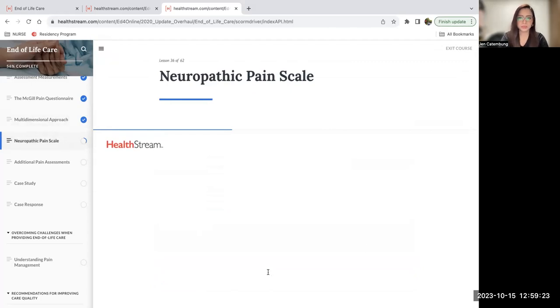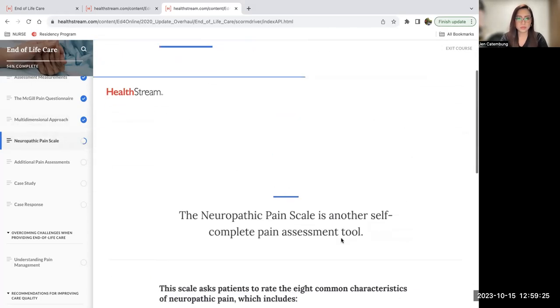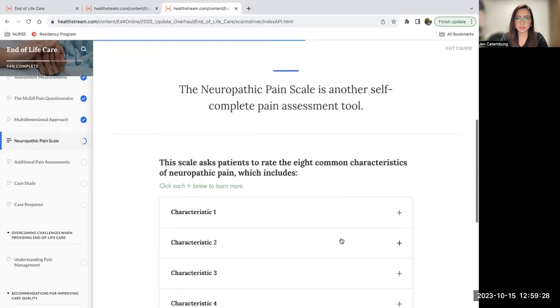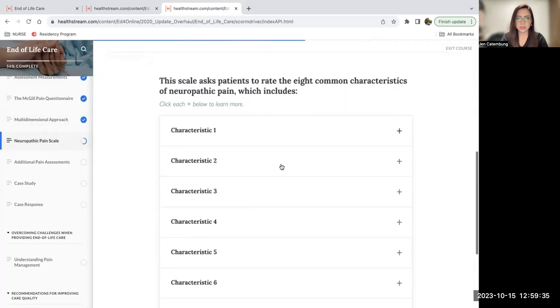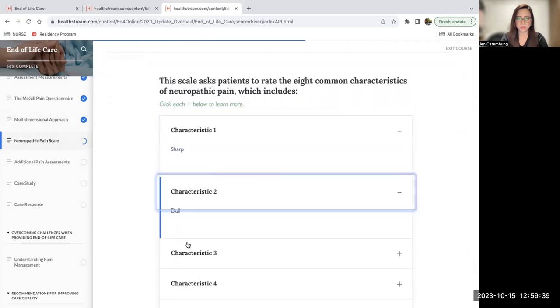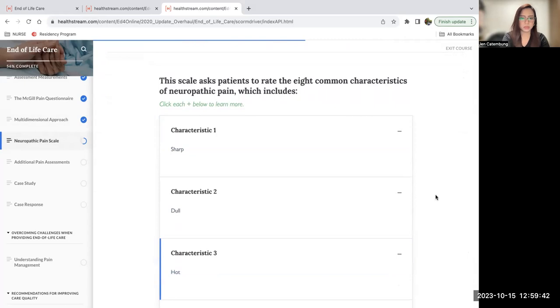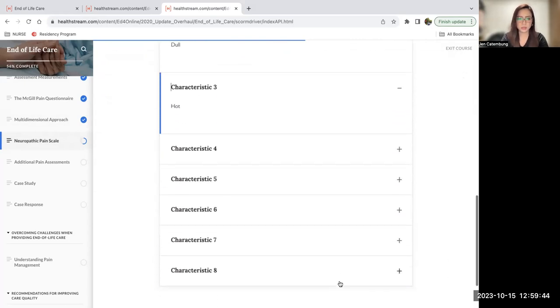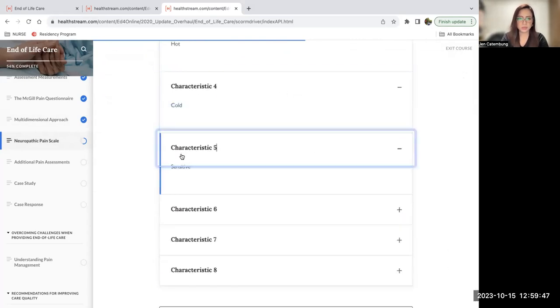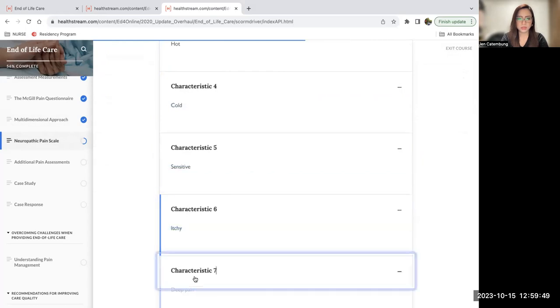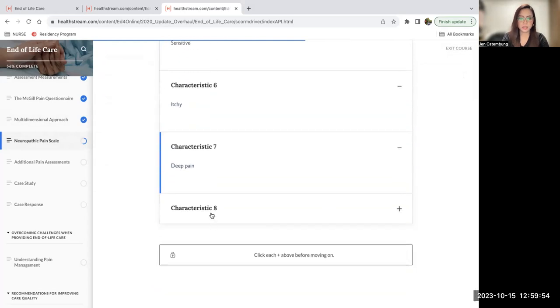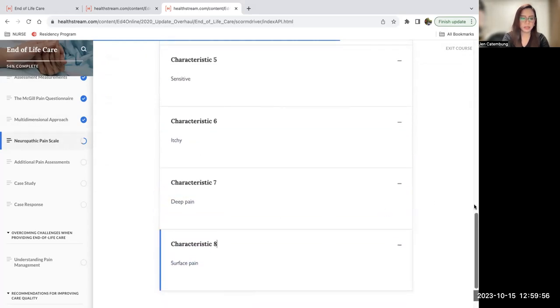Neuropathic pain scale. The neuropathic pain scale is another self-complete pain assessment tool. This scale asks patients to read the 8 common characteristics of neuropathic pain, which includes sharp, dull, hot, cold, sensitive, itchy, deep pain, and surface pain.